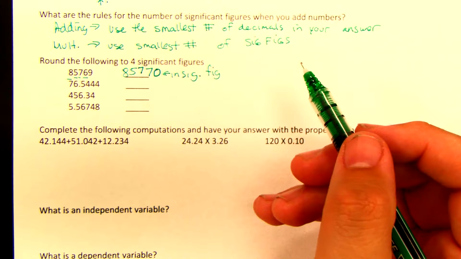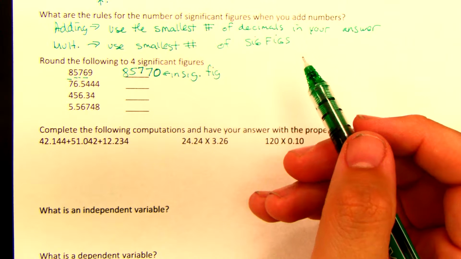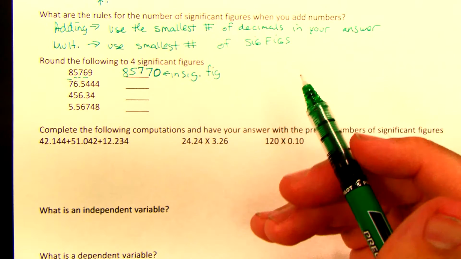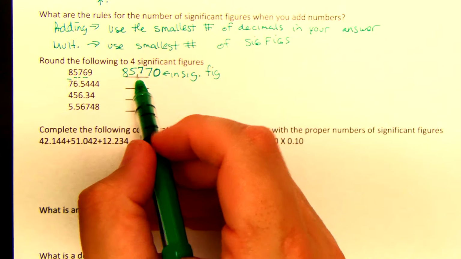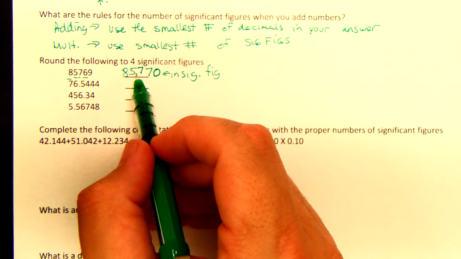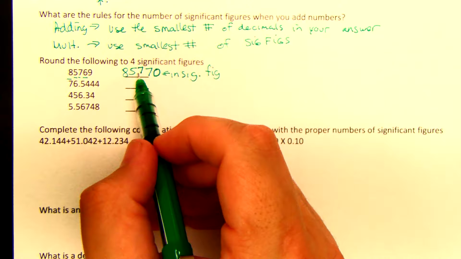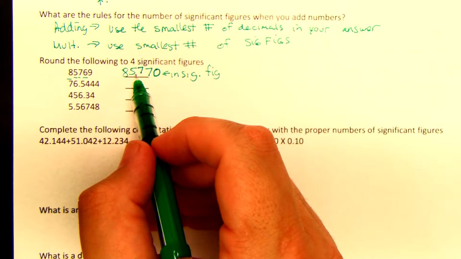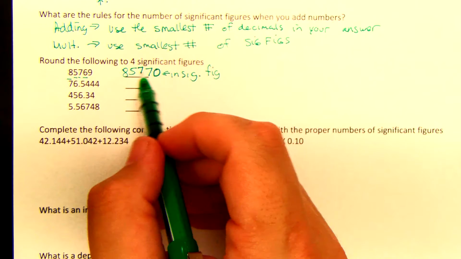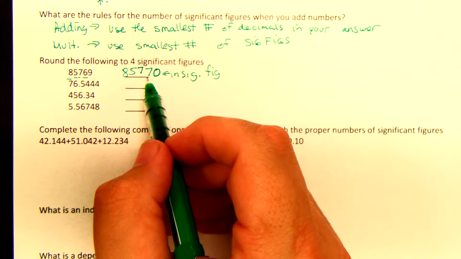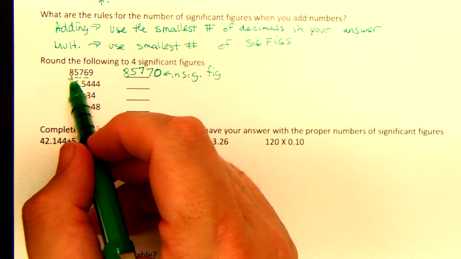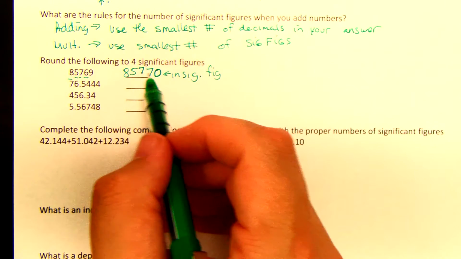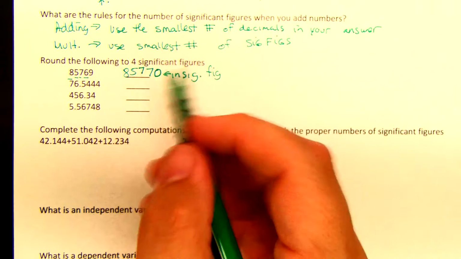Well, most boy bands are bad, but that insignificant figure here, what it does is it keeps it at 85,000, and that's what the placeholder zeros do. They keep it at 85,000. Yes, we can round it to 4, but we got to make sure that our final answer is 85,000. This one still is 85,000. And the numbers are what we need it to be.